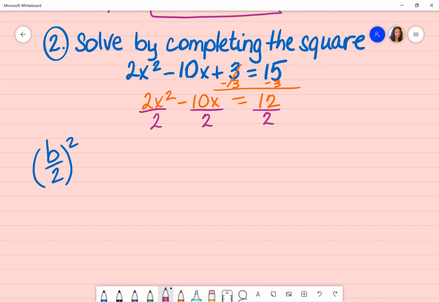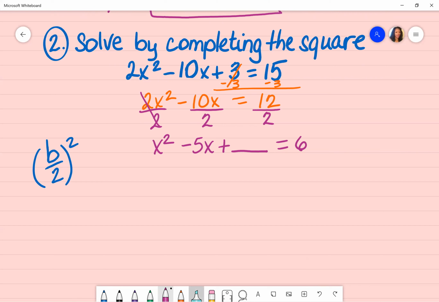What is left over is the x squared minus 10 divided by 2 is 5, and I have an x. At this point, I told you in class, if there is a 1 here and you have your variables on the same side, just go ahead and put plus blank. Go ahead and continue on, bring your equal sign down, and then 12 divided by 2 is 6.